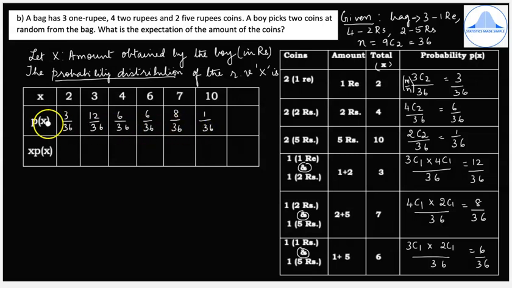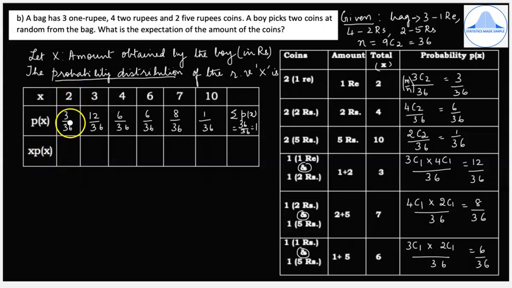So now if we add up all the probabilities, since the numerators are different but the denominator is same, you can add up the numerators and you will get 36 divided by 36, which is equal to 1. So always remember that the sum of the probability should be equal to 1. Then next we have to find out the expectation. For expectation we need the row x into p of x.